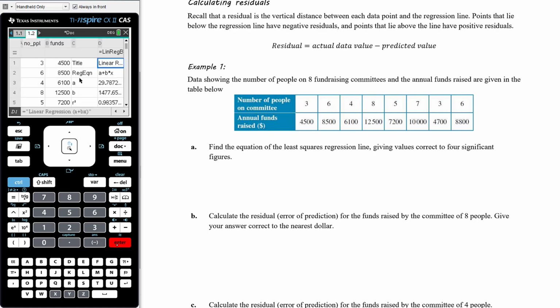Okay, so here's my regression equation. Now I want to write down the equation using the relevant variables. It doesn't need to say that, that's implied. So our X is the number of people on the committee and our Y is the funds.